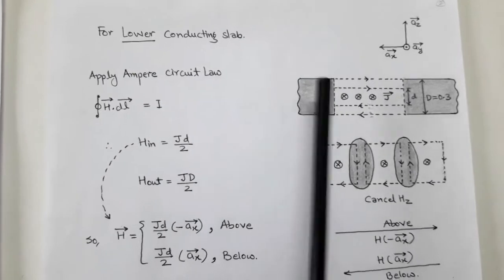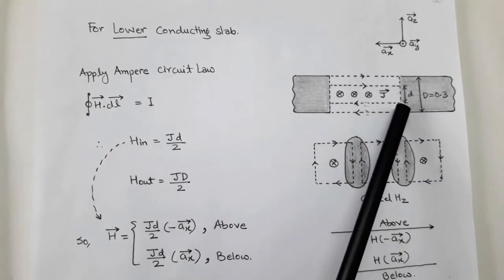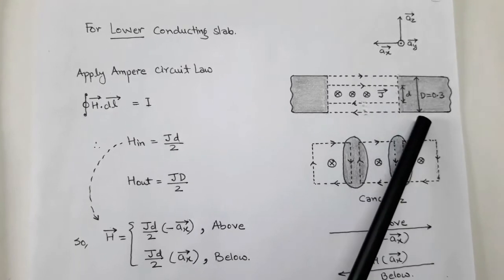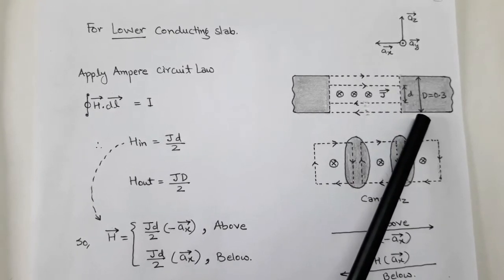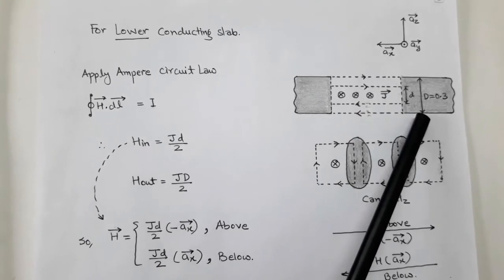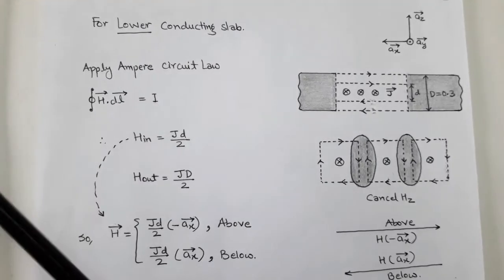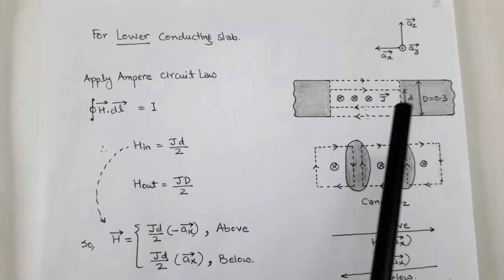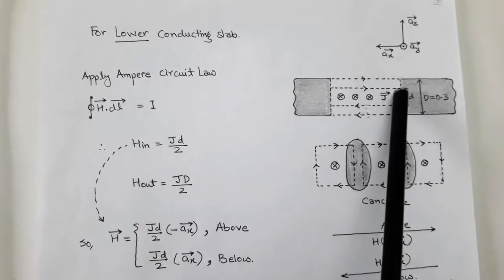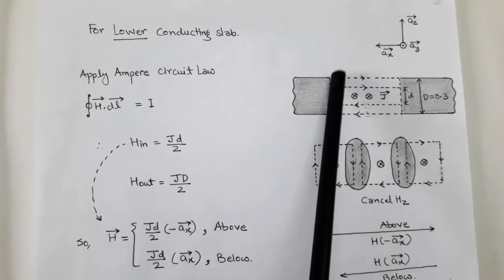Inside the conducting slab we consider a height or width, that is small d, and for the Amperian path outside the slab, we consider a width or height, that is capital D, because the outer Amperian path encloses the conducting slab height only, that is capital D.